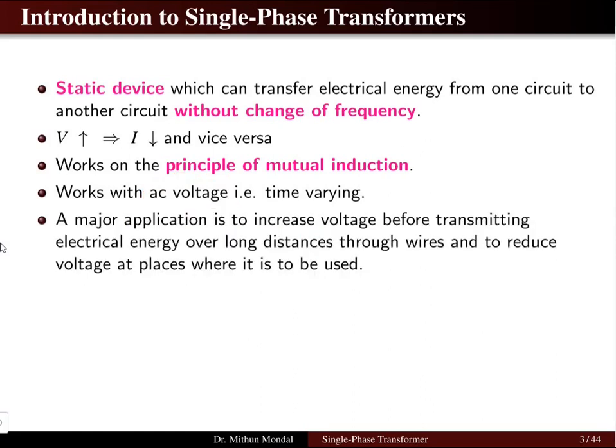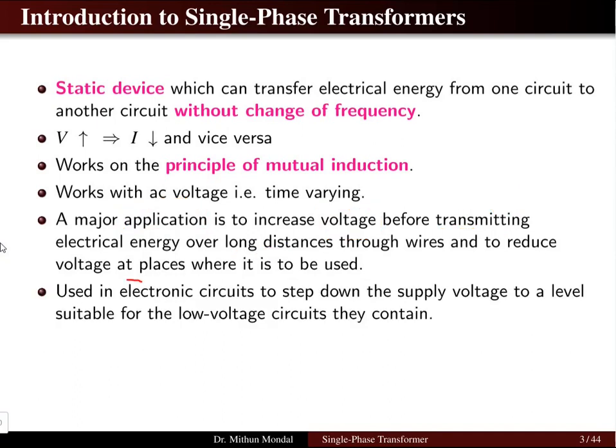Now, when we talk about the applications of the transformer, the major application lies in the transmission and distribution of electric power over a long distance through a wire, where the voltage is increased so that the losses associated with electric power decrease. Hence, when we need to transmit power over a very long distance, we will increase the voltage through the transformer.